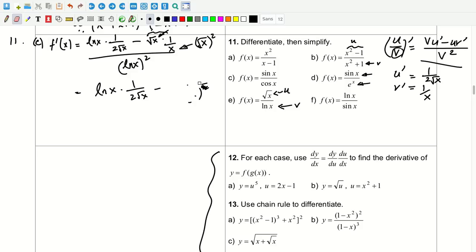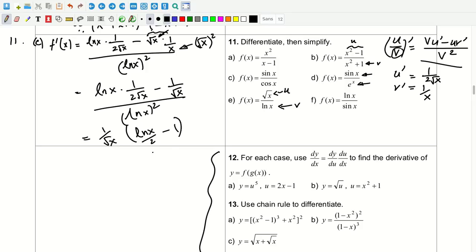So I'm just going to rewrite it as 1 over root x, and that makes my life a little easier because that provides me with an opportunity to factor out a 1 over root x in the numerator. So I'm going to do that, 1 over root x. And just for fun, I end up getting ln x over 2 minus 1 over ln x squared.